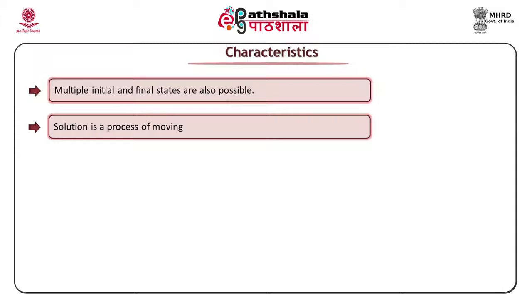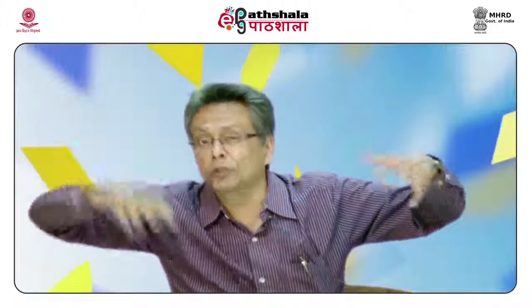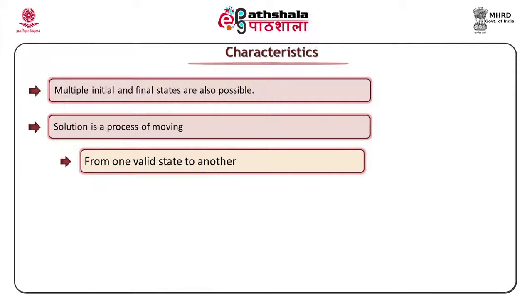What is the solution? The solution is about moving across the state space. Now we have that initial state and final state. So we said that we begin from an initial state, and we move across the state space using the moves that we have. We will only be able to use legal moves. So we can't jump from one state to the other unless we have a legal move connecting them. So we start from the initial state, we move across the state space and reach the final state.